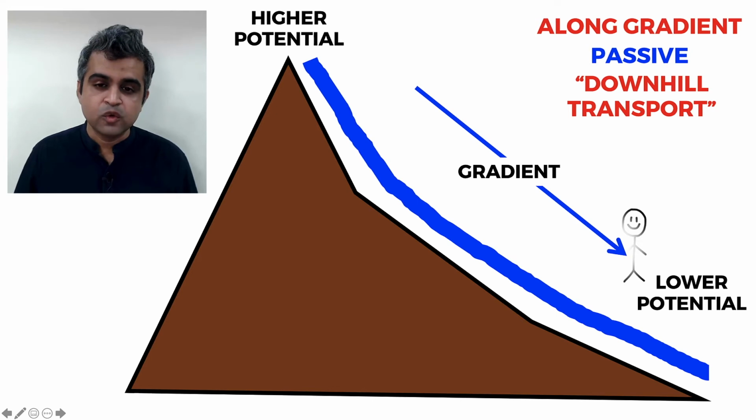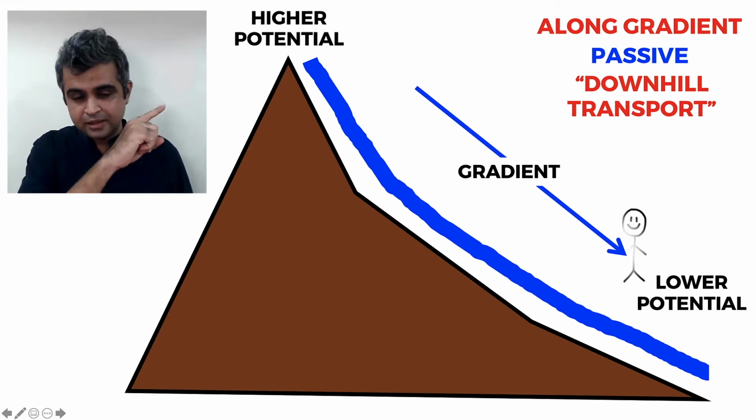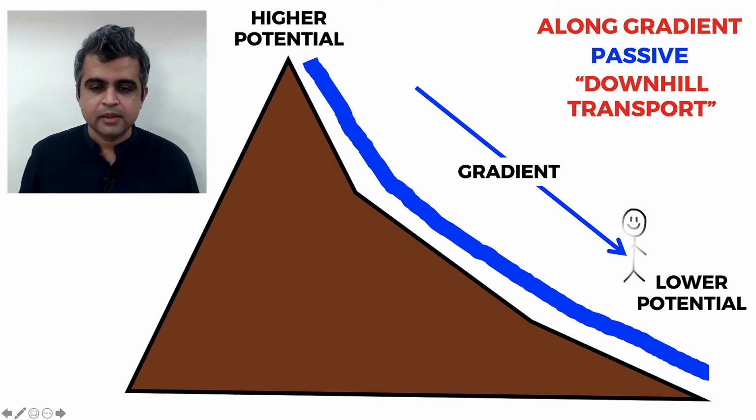Gradient. So if you are going along the gradient, you don't need to spend any energy and it will be a passive process. I hope this slide is clear to everybody, especially the things written in the top corner, that along gradient is passive and it is also called downhill transport.